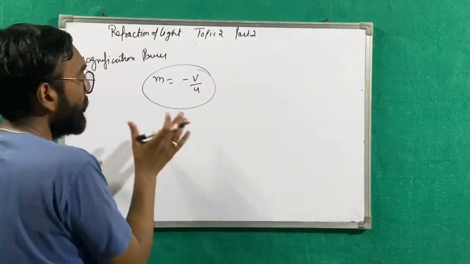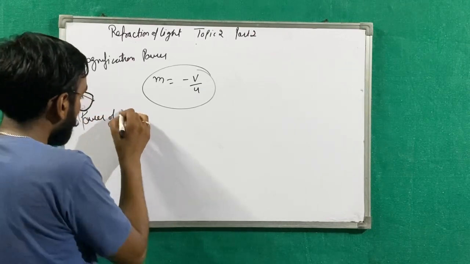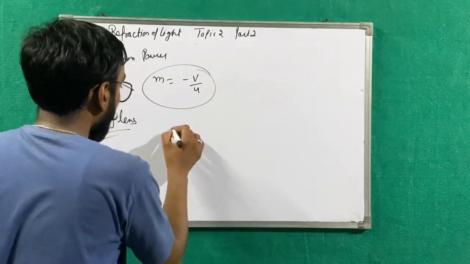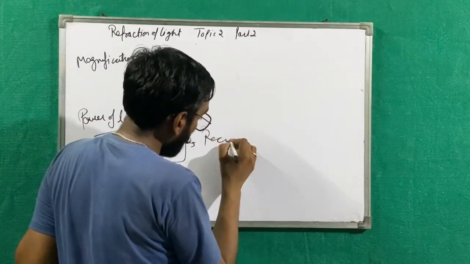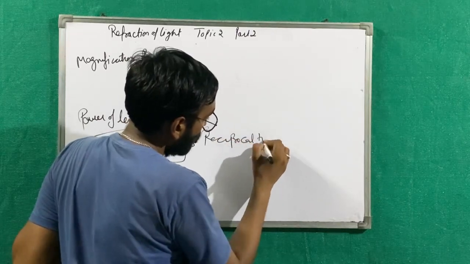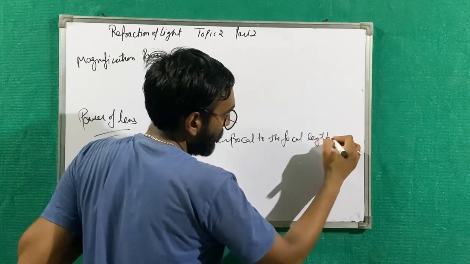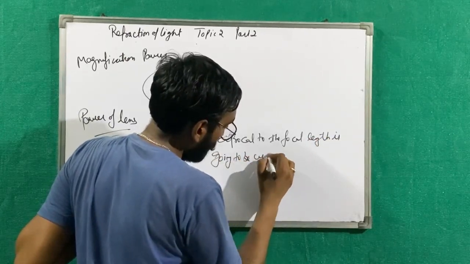So this is going to be our magnification. And power of lens is going to be 1 by f, the reciprocal of the focal length is going to be your power.